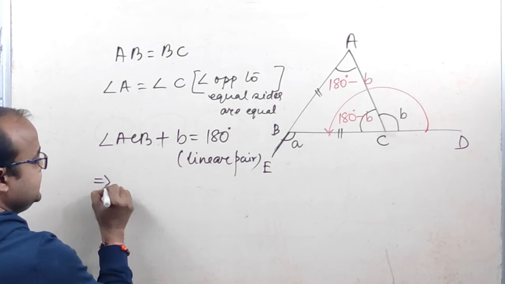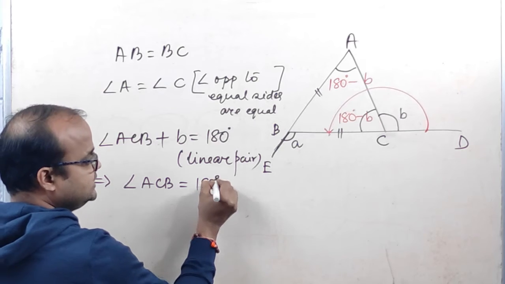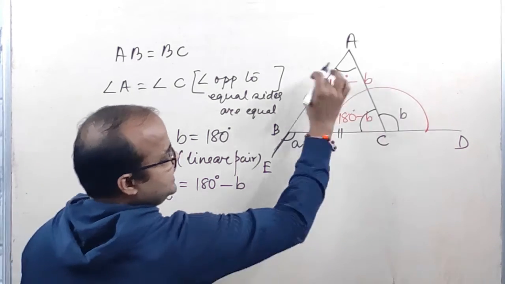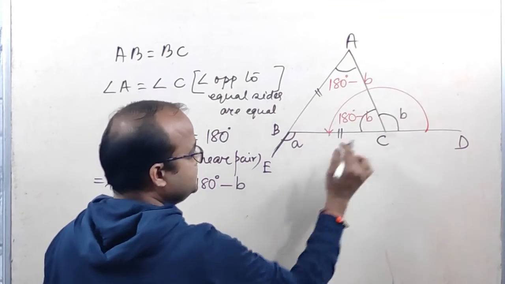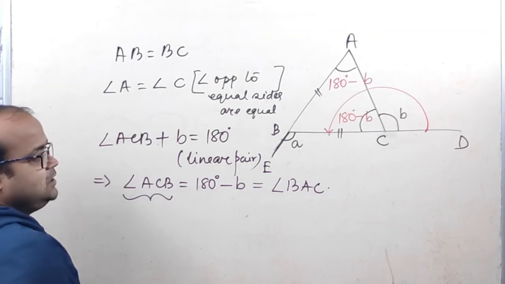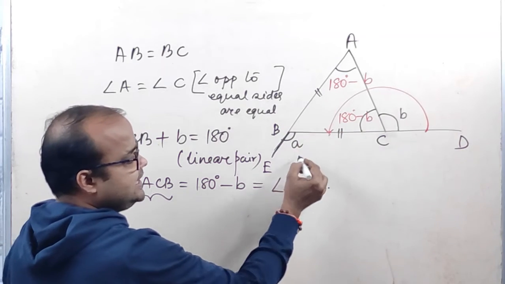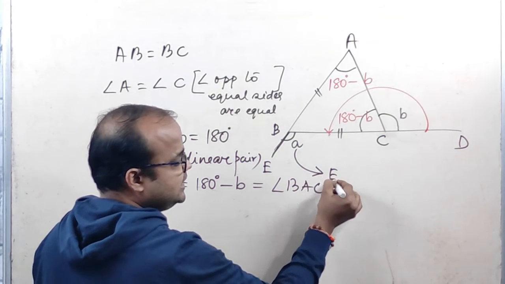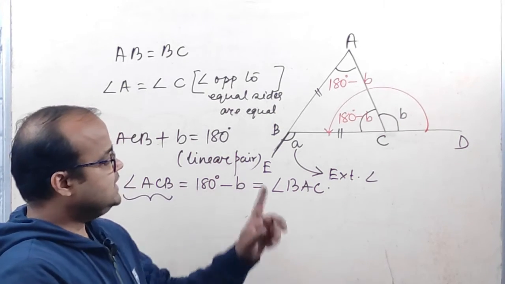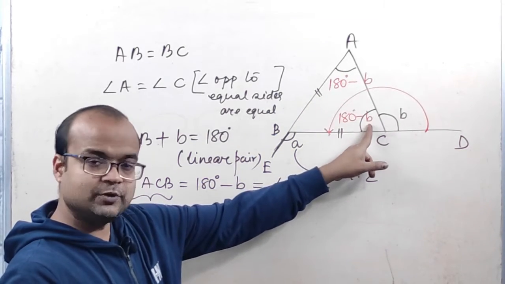So we can say that angle ACB equals 180 degree minus B, and angle ACB equals angle BAC. So we write angle BAC. Now look at triangle ABC. For triangle ABC, angle A is the external angle, and we know that the external angle is equal to the sum of internal opposite angles.